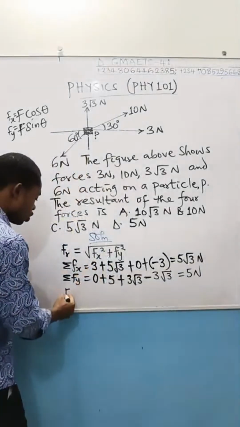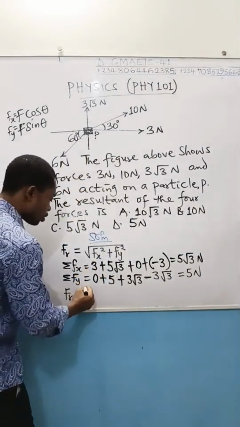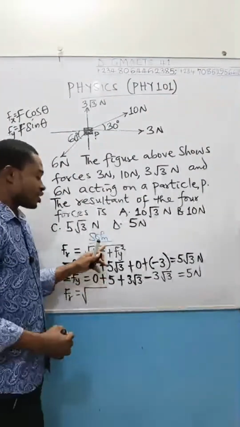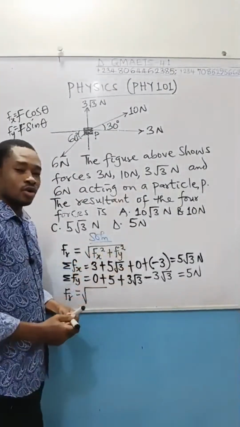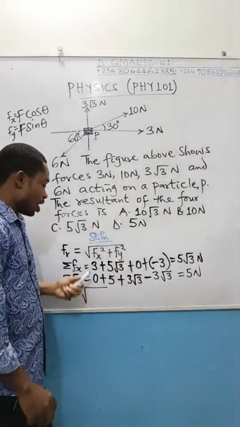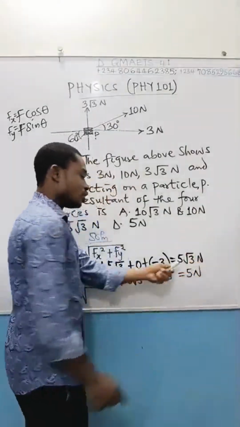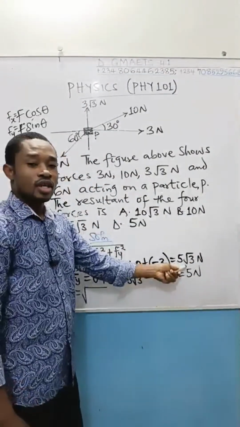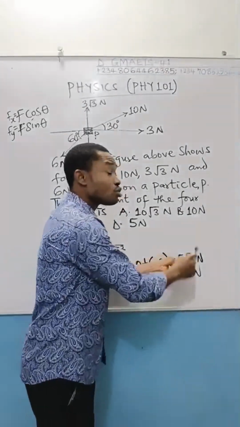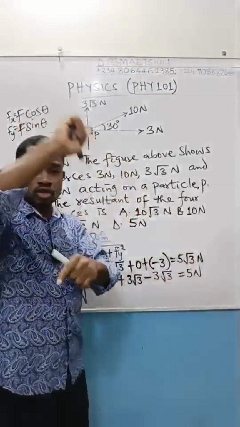From here, we can now obtain the resultant force, which is square root of, remember, Fx squared plus Fy squared. I'm going to work this straight on without wasting time. Our Fx, look at it. So you have to come and square this 10. If you square this 10, what would you get? You know, when you are squaring 5 times root 3, it's going to be 5 times root 3 raised to power 2.